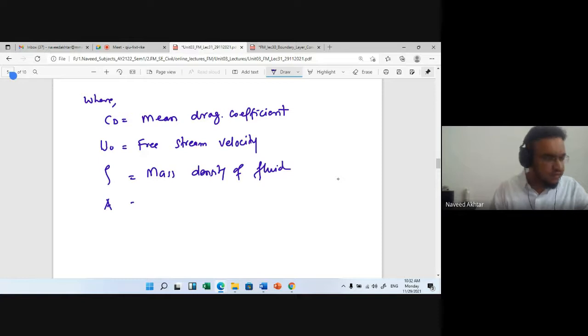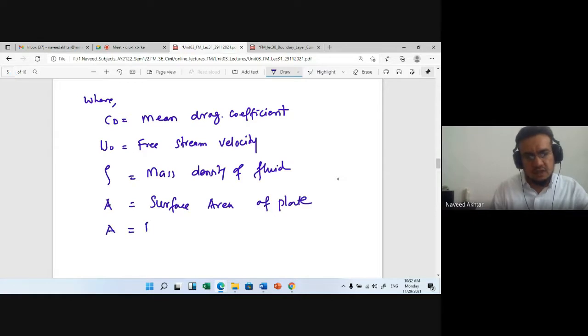A is the surface area of plate, and it is nothing but B into L. So this is your mean drag coefficient.